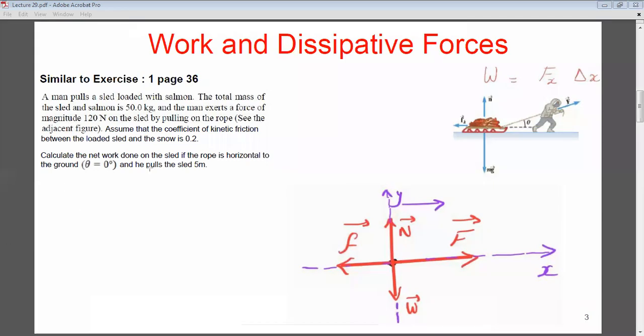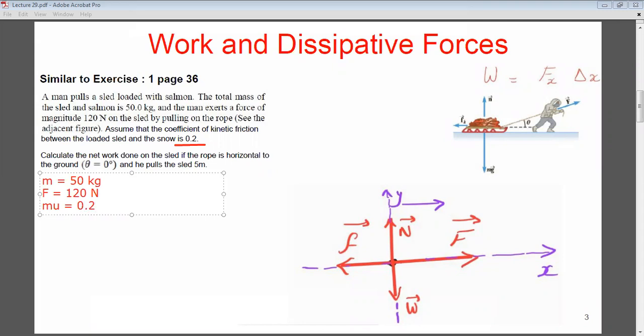So this is the difference here, that now we have this coefficient of kinetic friction. So let's write the given. We have mass equal 50 kilograms. We have the force equal 120 Newton, and we have this mu equal to 0.2.